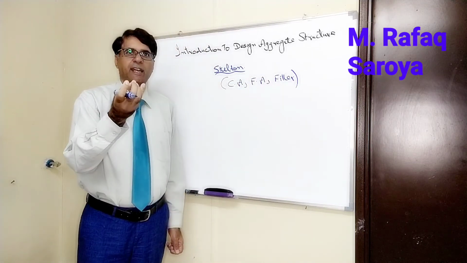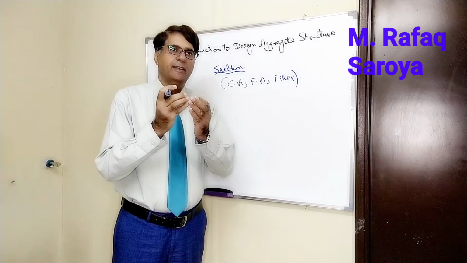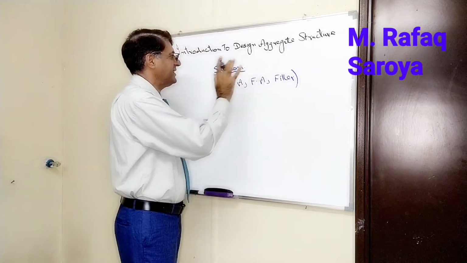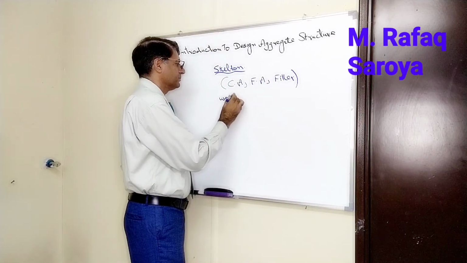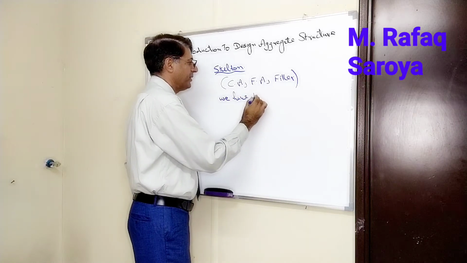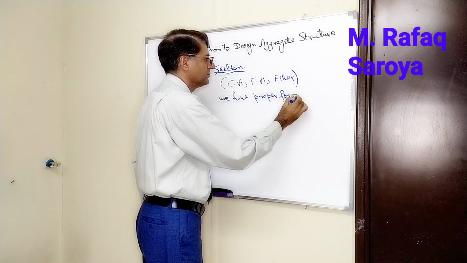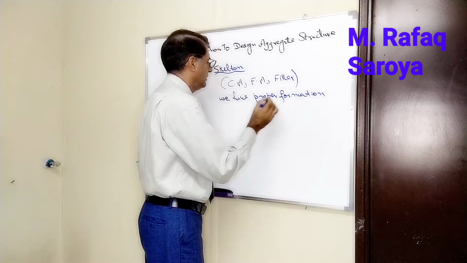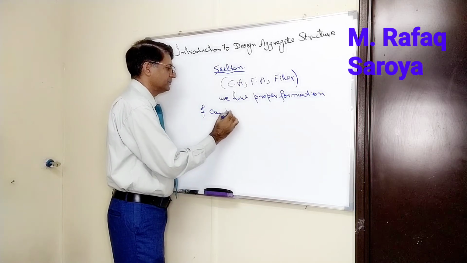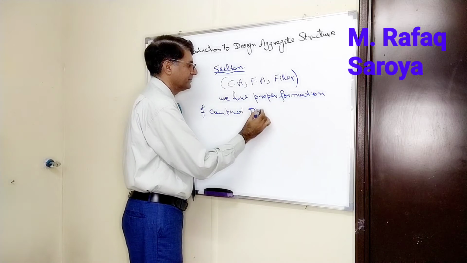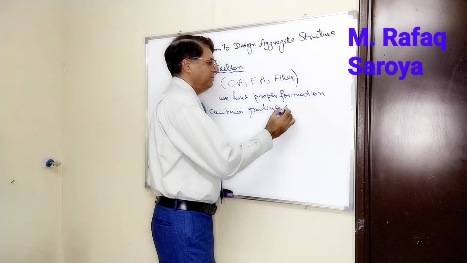When all these aggregates combine with each other in such a way that they form one skeleton, where we have proper formation of combined grading, clear? We can say that minimum widths.